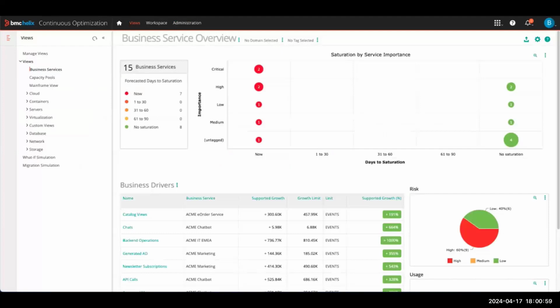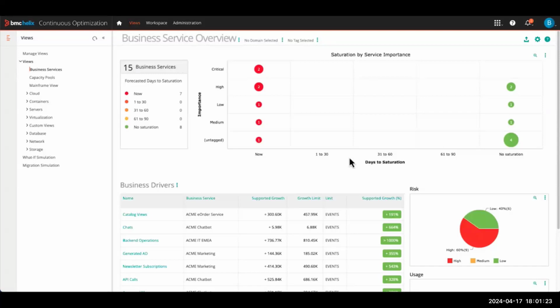Another important capability of an AIOps IT operations management platform is the ability to plan ahead and continuously optimize both your infrastructure and your services to ensure that you're able to meet future demand and future user needs.